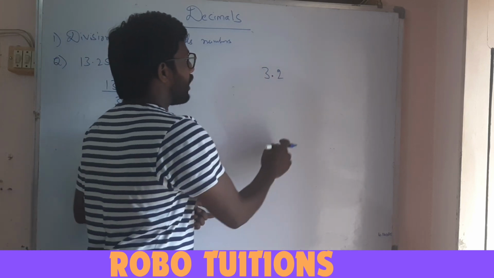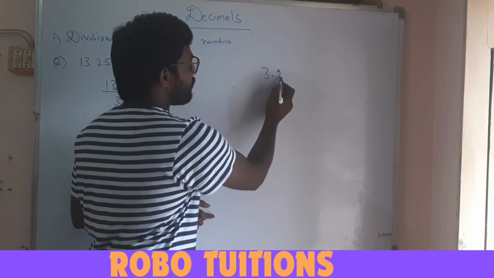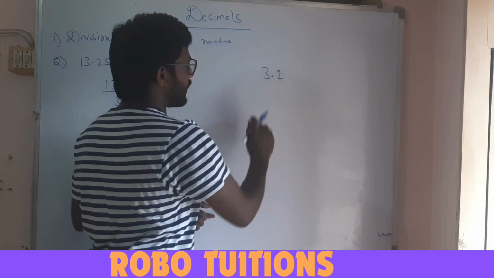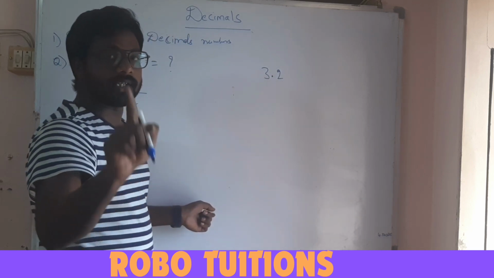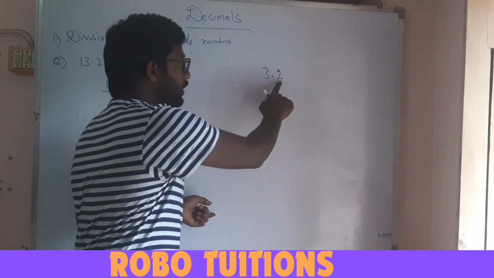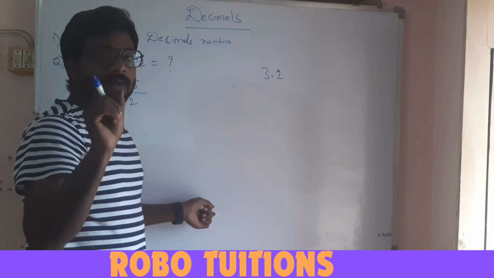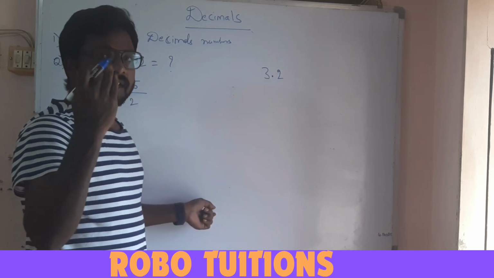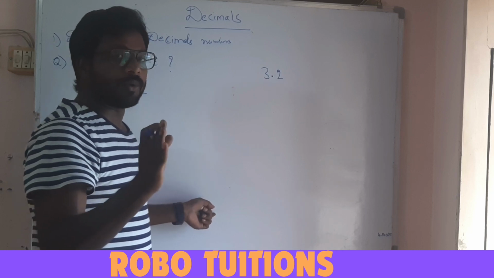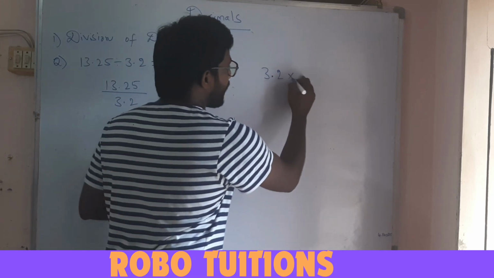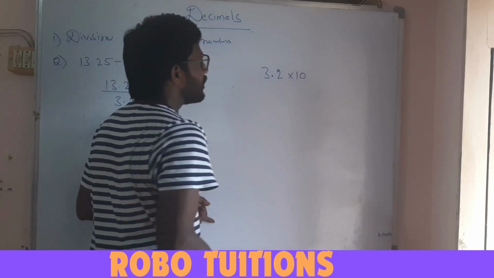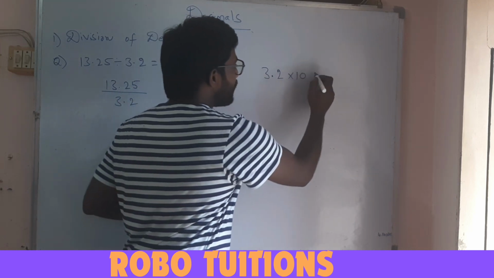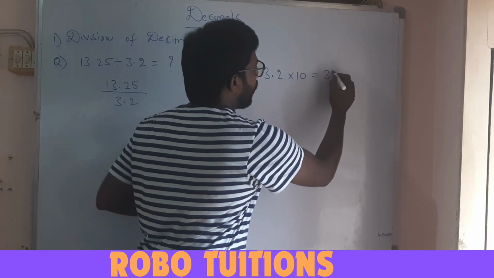Just count how many digits there are after the decimal point. There is only one digit after the decimal point, that is the number 2. Then you have to multiply with 10 to remove the decimal point.